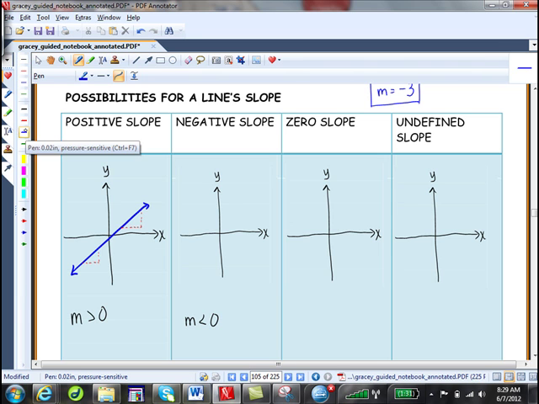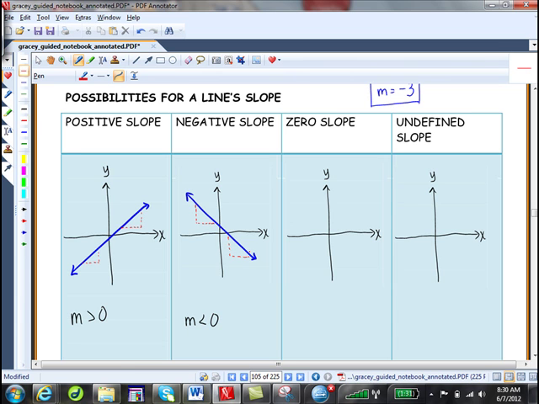As we move from left to right, we would be going downhill. Okay?